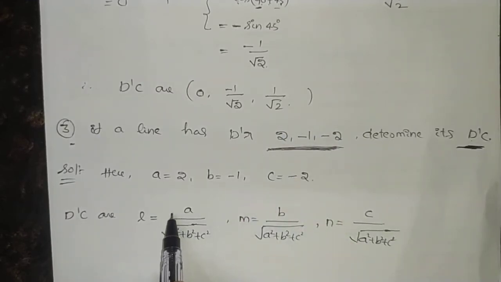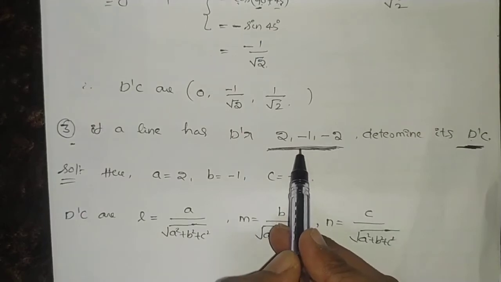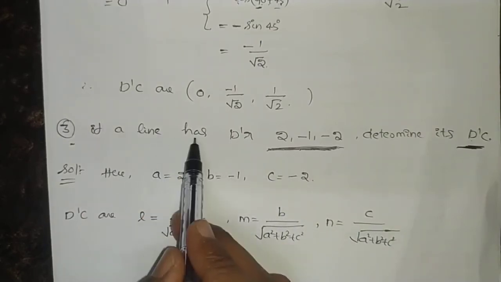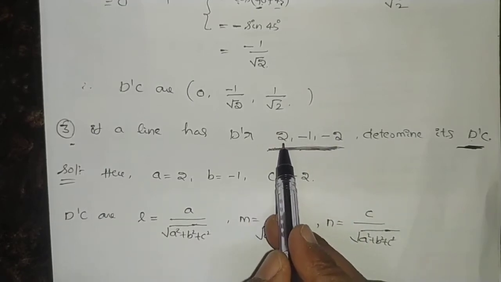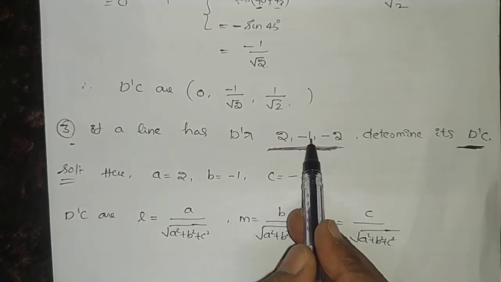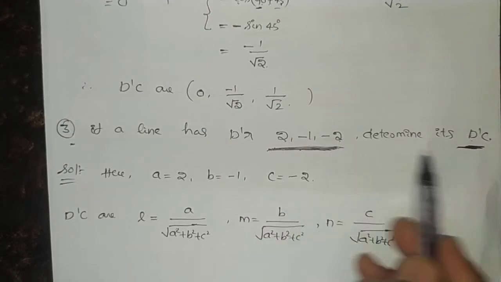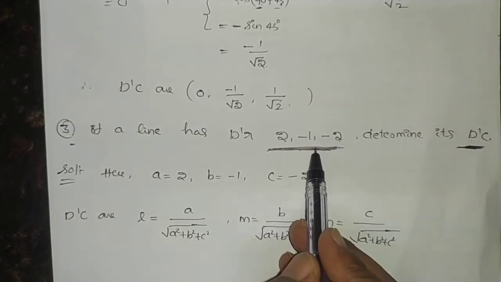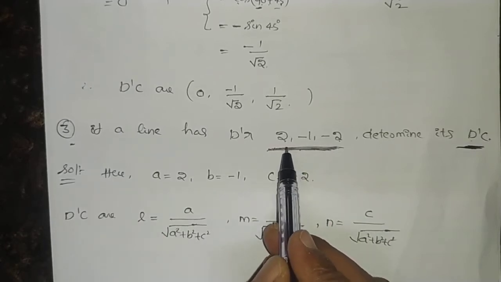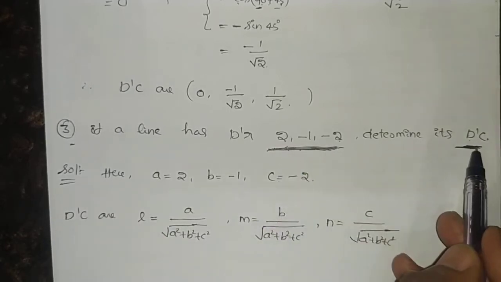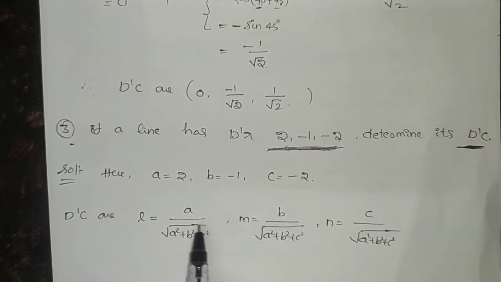Okay, here we should not take plus or minus, because he said in the given problem that for these particular direction ratios, 2, -1, -2, we have to find the direction cosines. So we should not take the plus or minus in this.